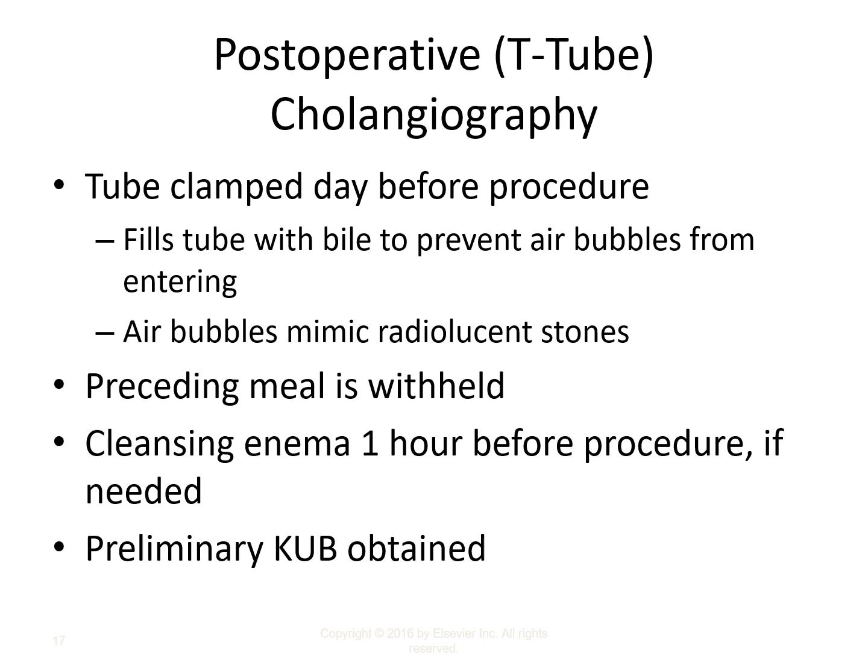Preliminary KUB is obtained for a comparison view pre-injection of contrast. They might want a conventional KUB and a non-contrast RPO with the gallbladder rolled out to the right and the spine rolled to the left.